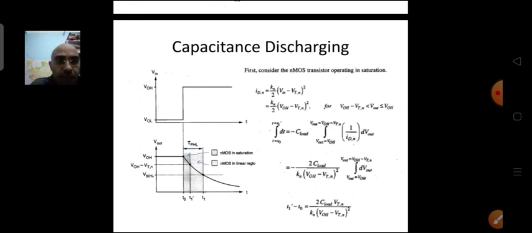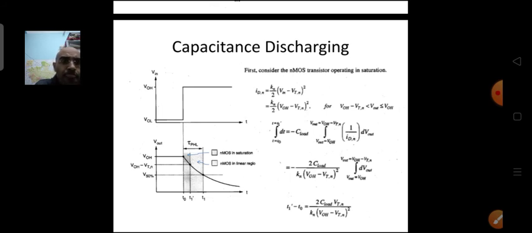Now if the transistor operates in the saturation region, then we will use the saturation region current equation. For this particular condition we have used the topmost equation, the saturation current equation for the NMOS. Because we want the transition from t0 to t1 dash, we have to integrate this equation.